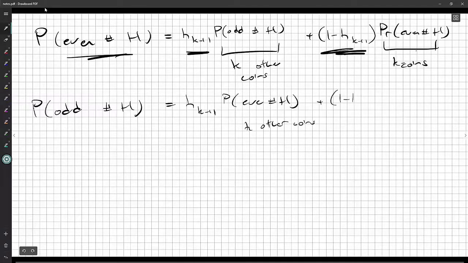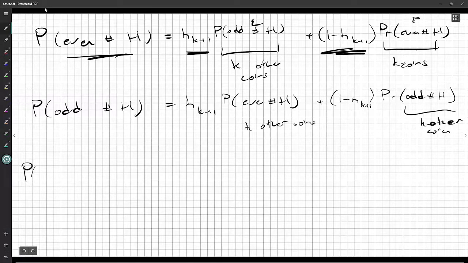Or it doesn't turn up heads, and so we still need an odd number of heads. And again, this is for the k other coins. Okay. If we wanted to, we could perhaps give names to these. Maybe call this Q and this P or something like that. That would be fine.